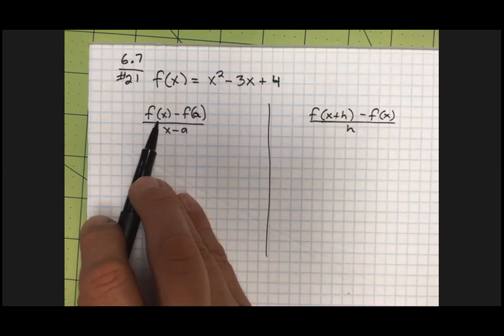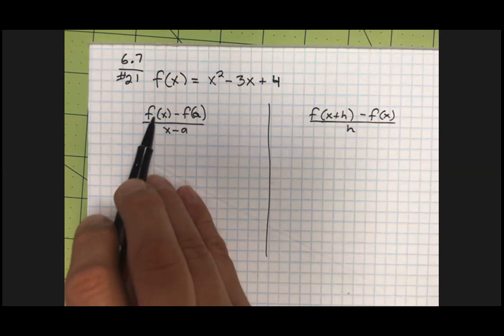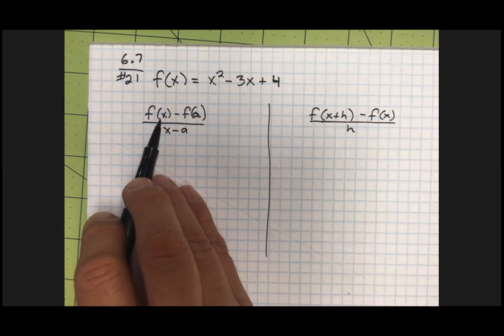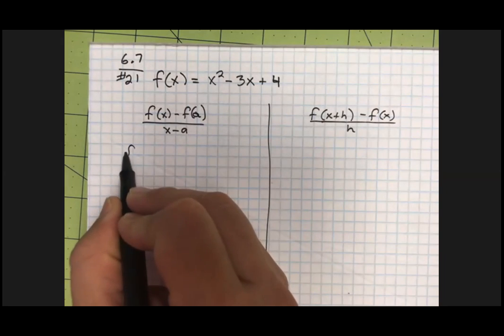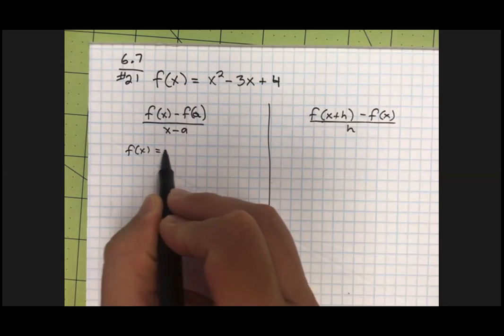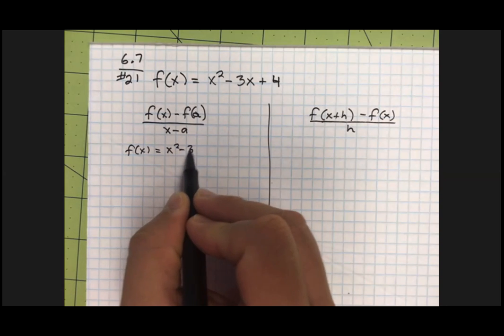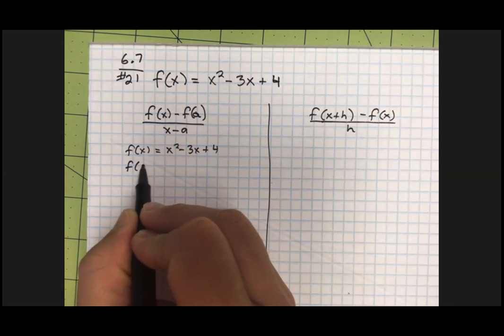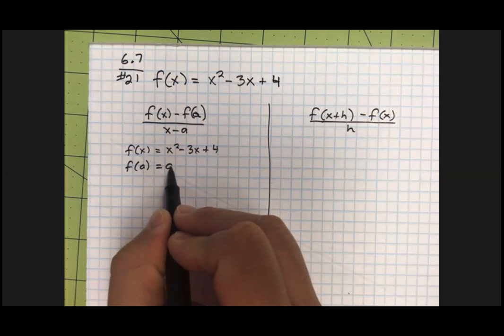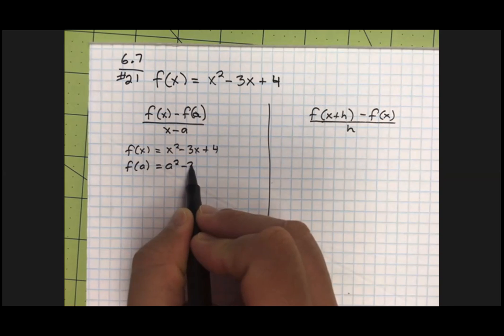Let's take the easier one first. F of x is right there. F of x is x squared minus 3x plus 4. F of a doesn't take much more imagination. You just put in a for every x.